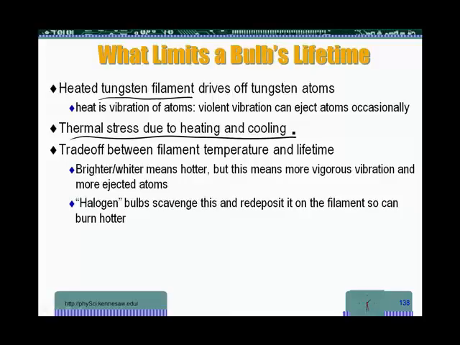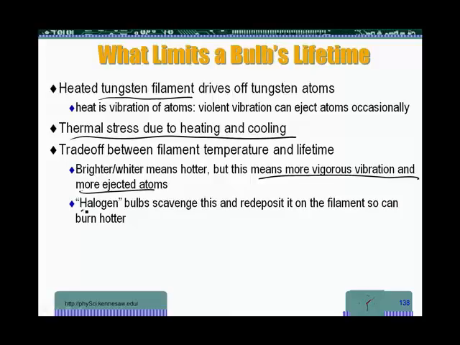Another thing worth noting, the higher the temperature of the filament, the brighter the light bulb. Now, to get light bulbs that are very bright, we need filaments that get really hot, which means their lifetime is going to be shorter, because higher temperature means it's easier for the atoms to come off.